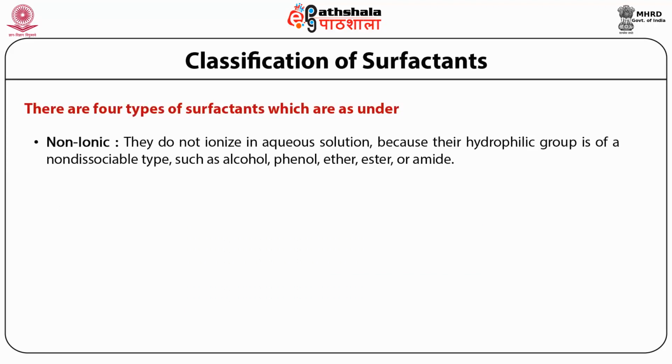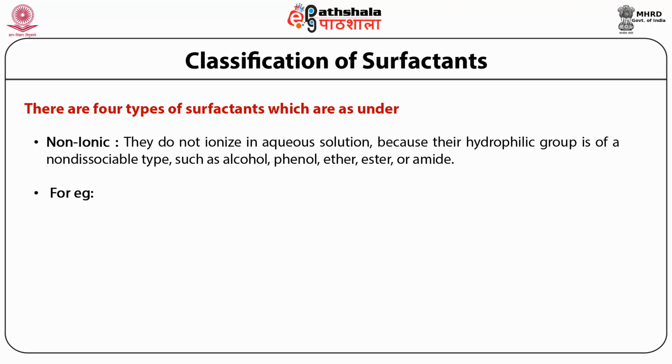Non-ionic is the third category of surfactants. They do not ionize in aqueous solutions because of their hydrophilic group, and this hydrophilic group is of non-dissociable type, such as alcohol, phenol, ether, ester, or amide.